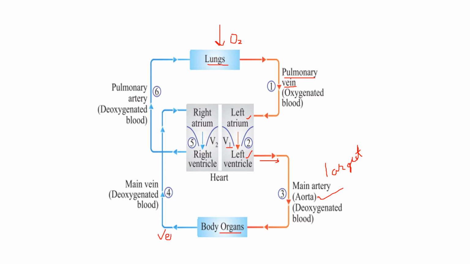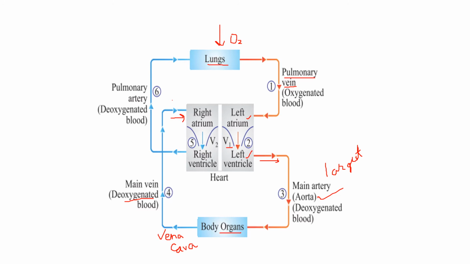This is the vena cava. The vena cava is the main vein, and it carries this deoxygenated blood to the right atrium. You can see this is coming into the right atrium.